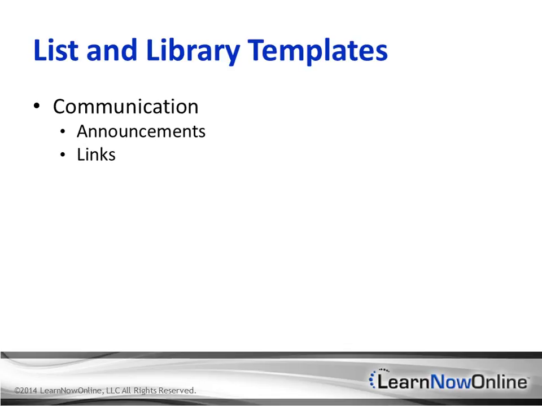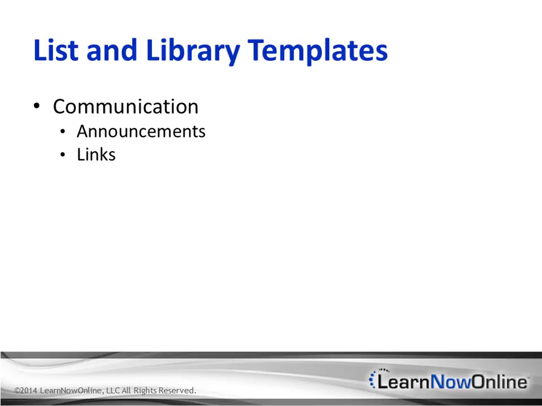The links list is a list that's specifically built for that, to give you a place to store hyperlinks. So why would you need a separate list for that? Well, there's a lot of metadata that you can put onto those links. You can customize the view, give people a lot of different ways to manage that, and provide it as resources for other lists.